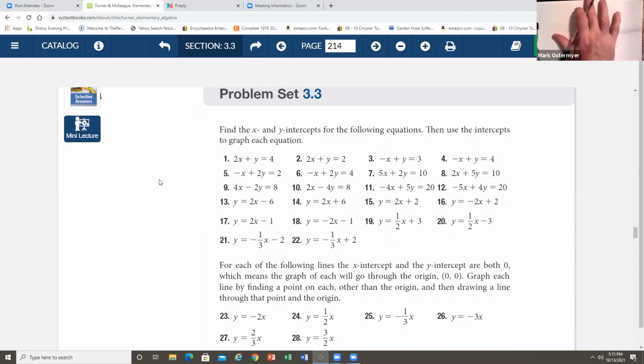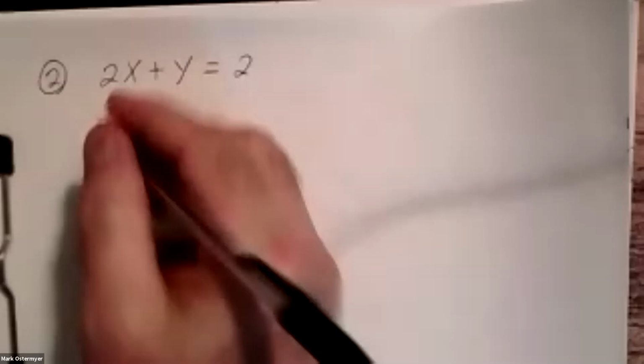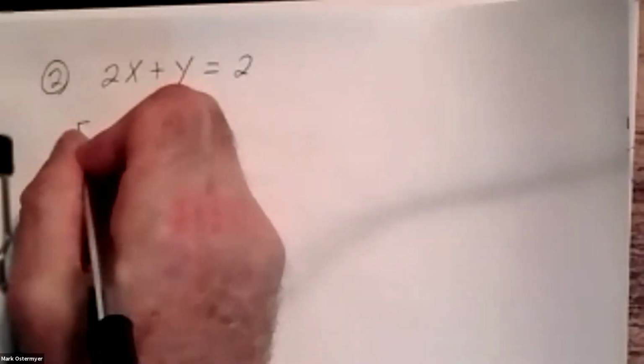All right, so I'm going to look at problem number 2 here, where they give us a linear equation, 2x plus y equal to 2. They want us to find the x and y intercepts.